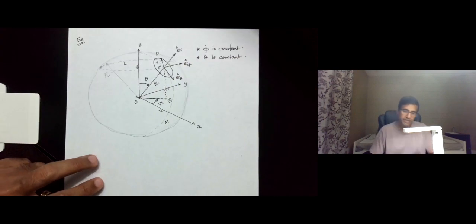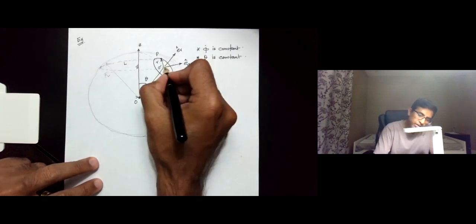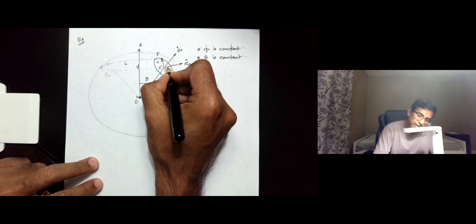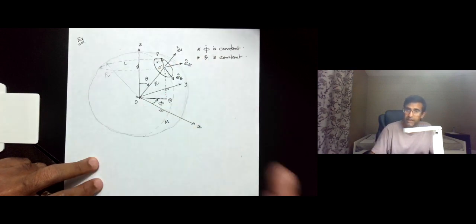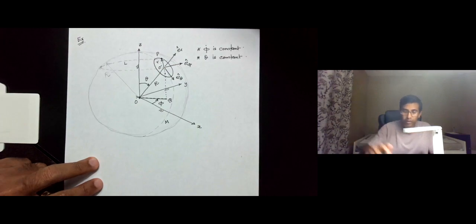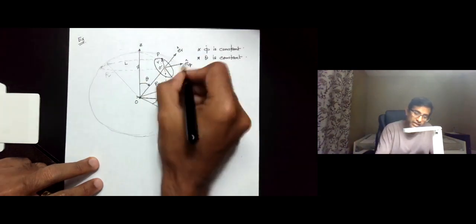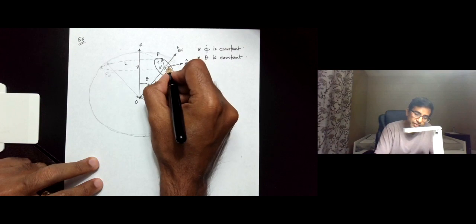So that's E phi. Now keep in mind that E phi is always going to be horizontal, because the latitude is always going to form a horizontal plane, and E phi is tangential to the latitude.